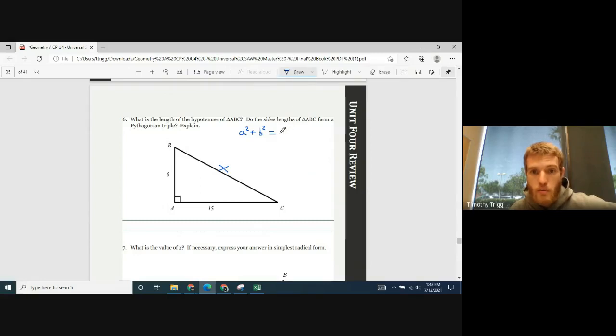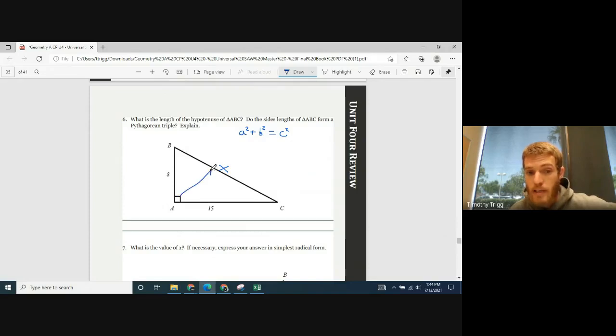The a and the b are the leg lengths, the two lengths that they give you here. And the hypotenuse is always the c. The longest side is always c. That's the hypotenuse, and it's always opposite from the 90.